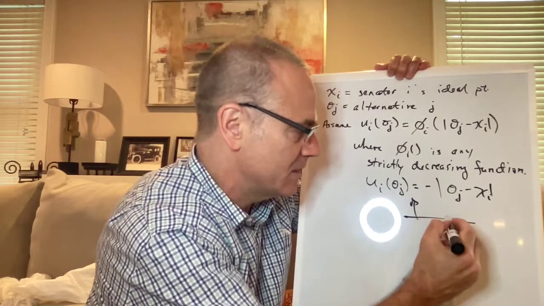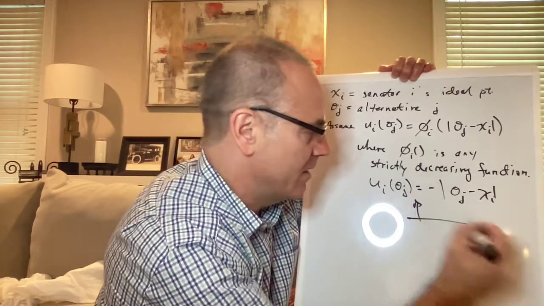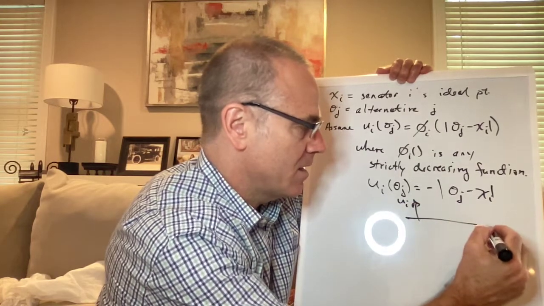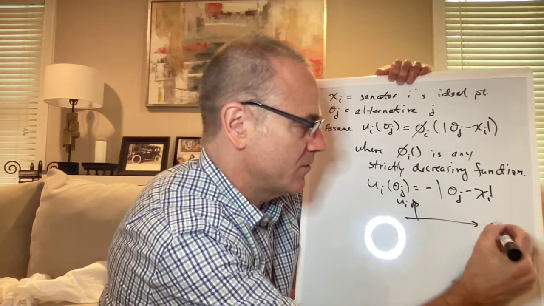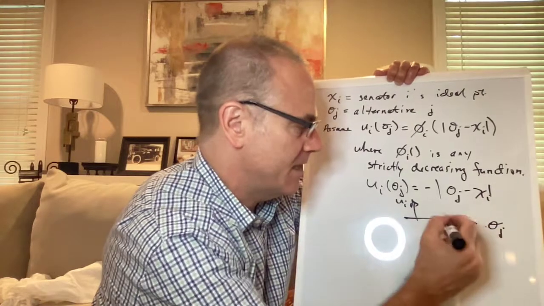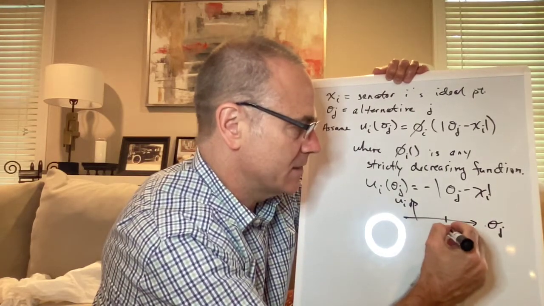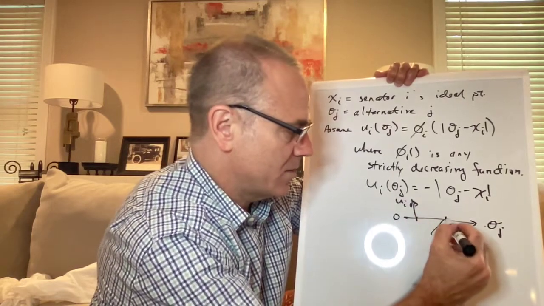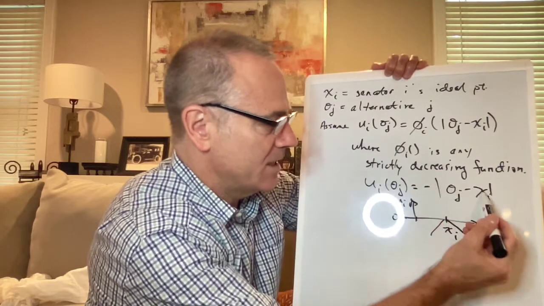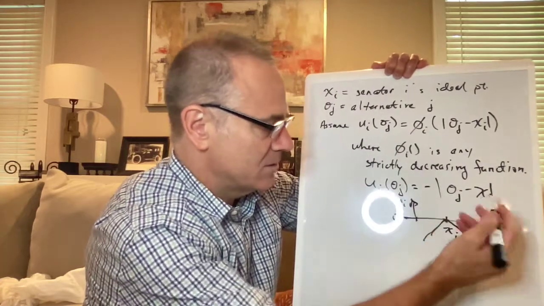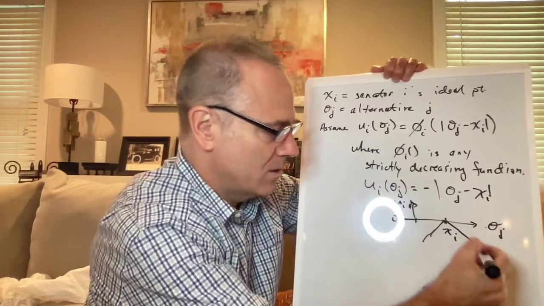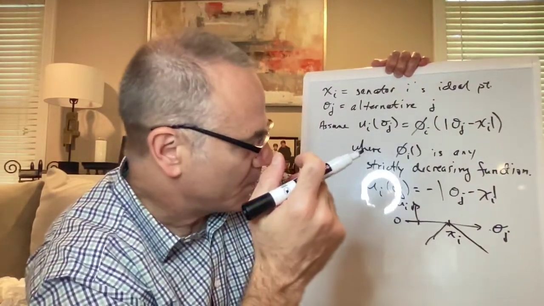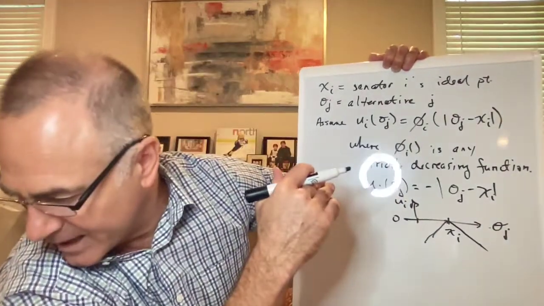So what happens is, if we look at the utilities of person i over different policies theta j, what this looks like is this is 0. The utility is maximized when theta j equals xi, and if it goes less than xi or more, utility is decreasing. Okay. So that's what that looks like.